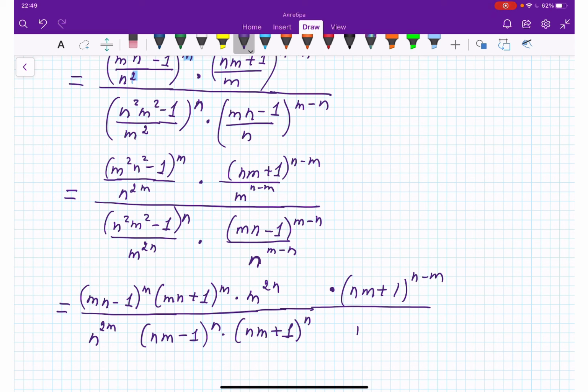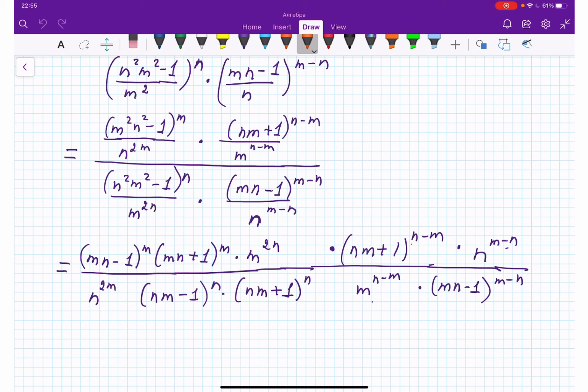Here I will have m^(n−m), and when I divide by a fraction in the denominator, n^(m−n) will come to the numerator, and times (mn − 1)^(m−n). So let's see, what do we have here?